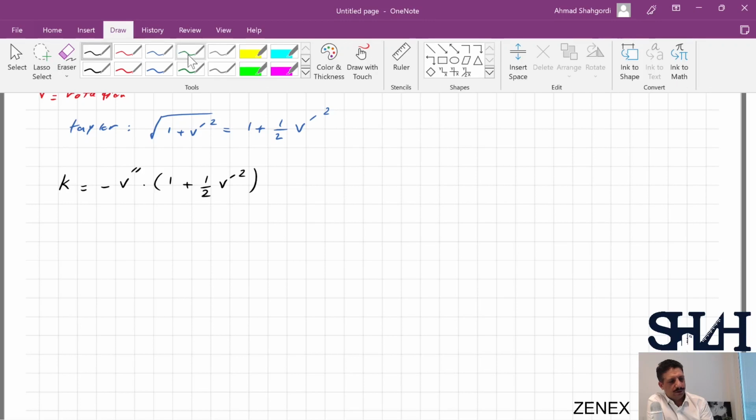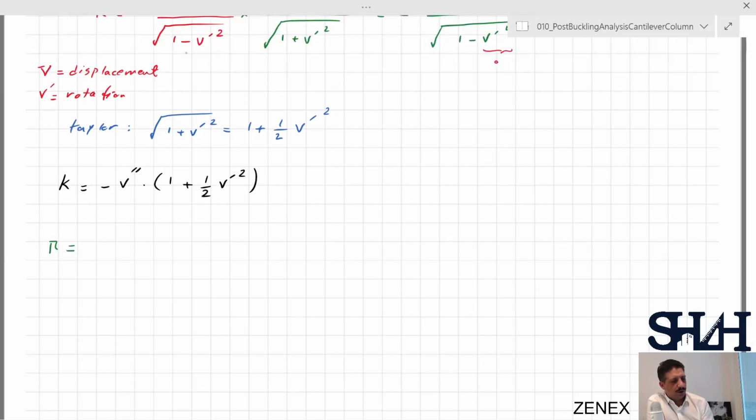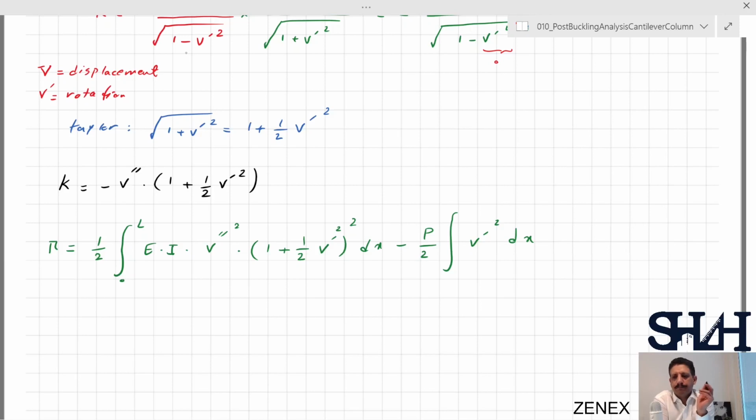So it will be pi equals 1/2 integration 0 to L of E times I times V second derivative to the power of 2, times 1 plus 1/2 V prime to the power of 2, totally to the power of 2, dx, minus P/2 V prime to the power of 2 dx.